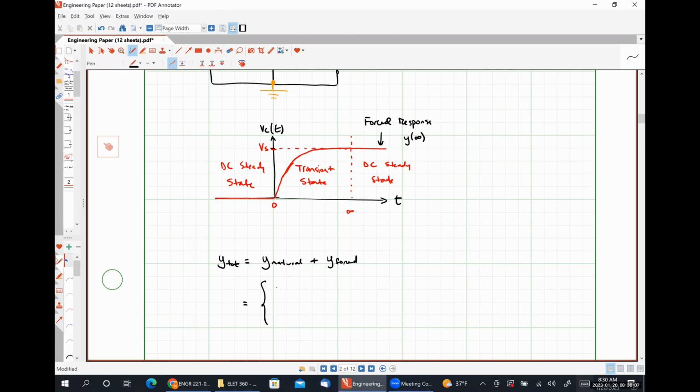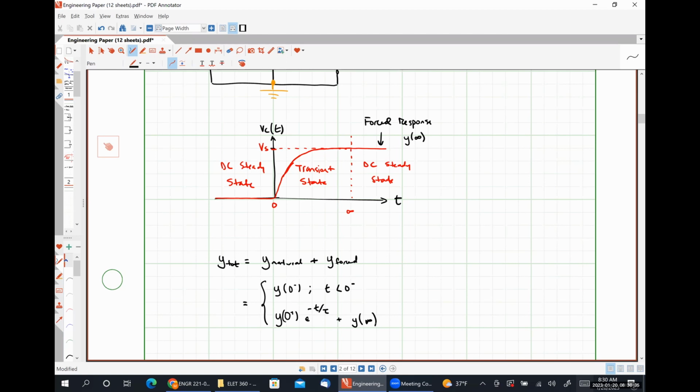We are going to have y at 0 minus for t less than 0 minus, and then y at 0 plus e to the minus t over tau plus y at infinity.